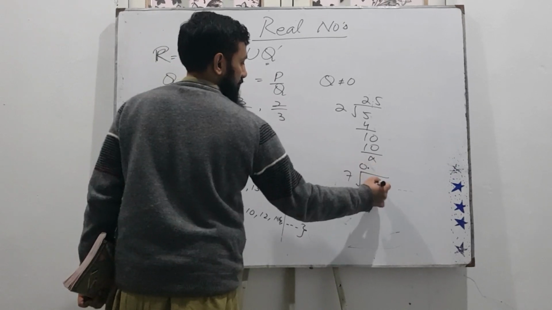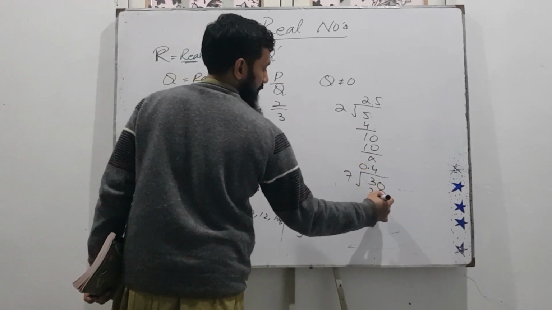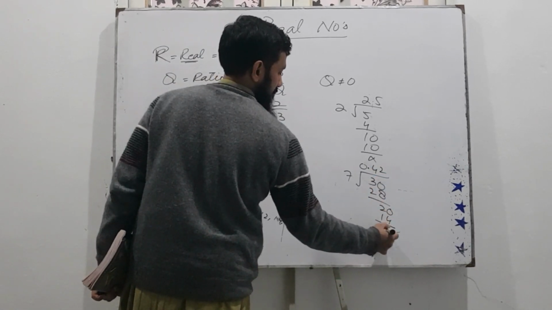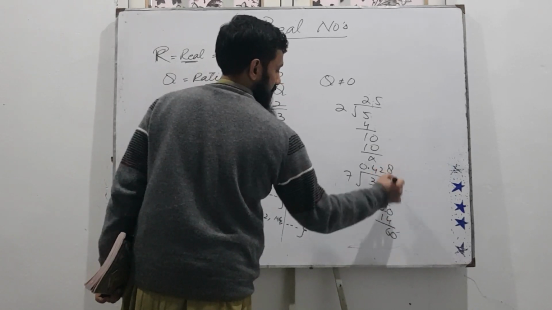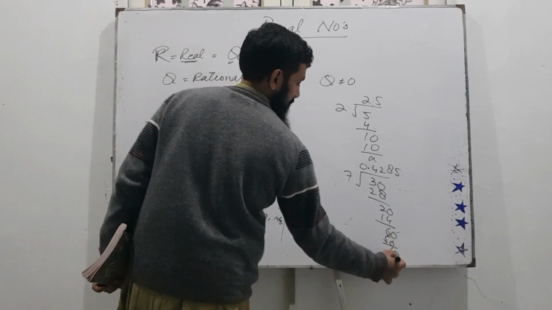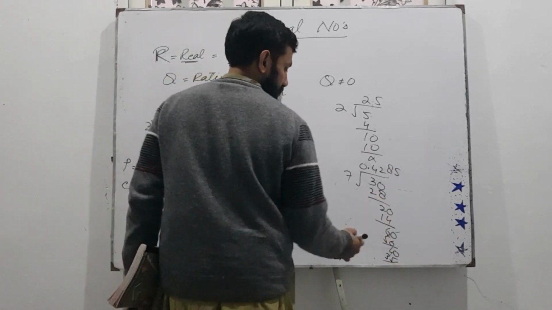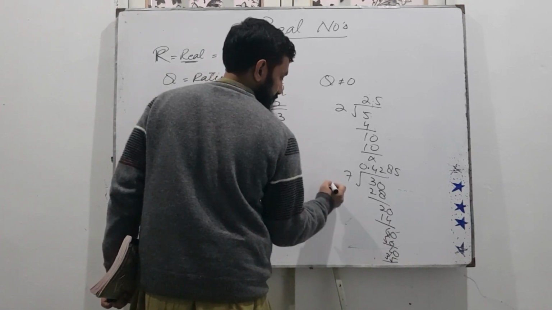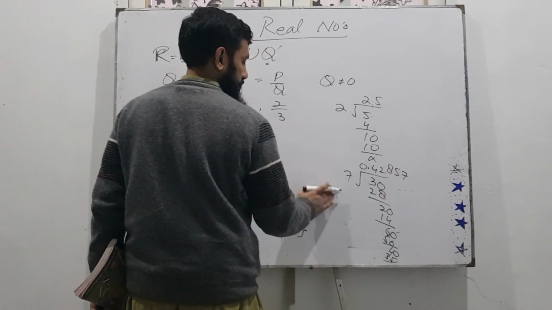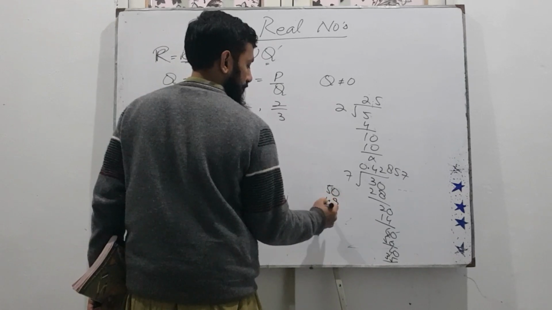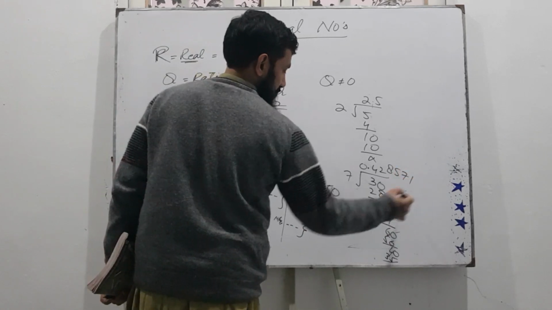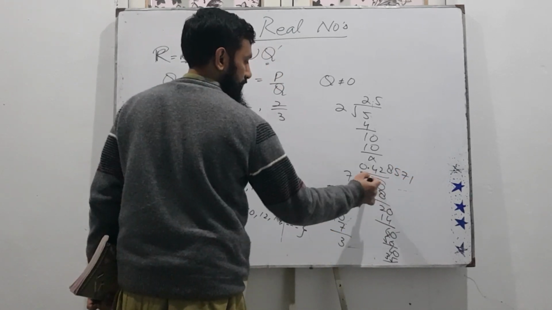If I divide 3 by 7, it will give us 0.3, I'll put decimal here, 3, then 2, 6, you will get 5 again, you will get 1, and you get 3 again, which is this.